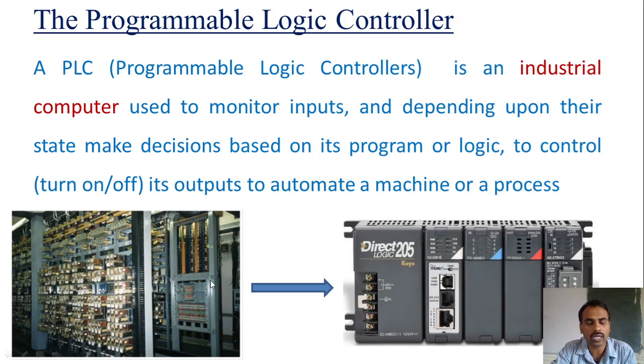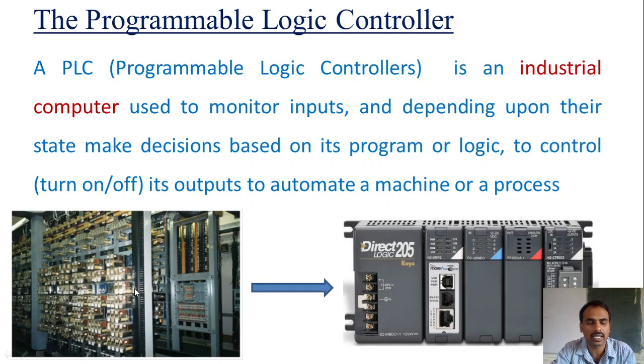In order to overcome such scenarios, in the 1960s and 1970s, PLCs evolved such that they can be efficiently used to automate a machine or a process.